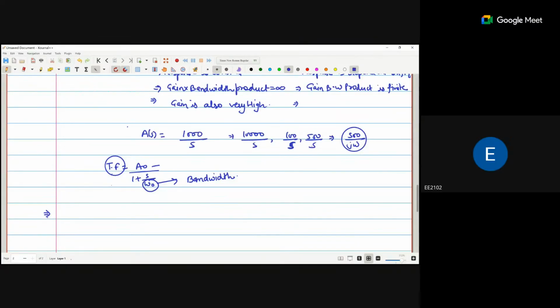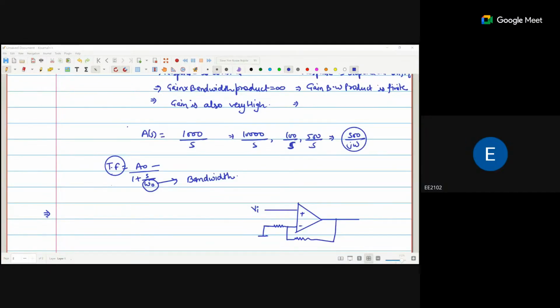Suppose a question is given, like for example this one. How do we solve this type of question?